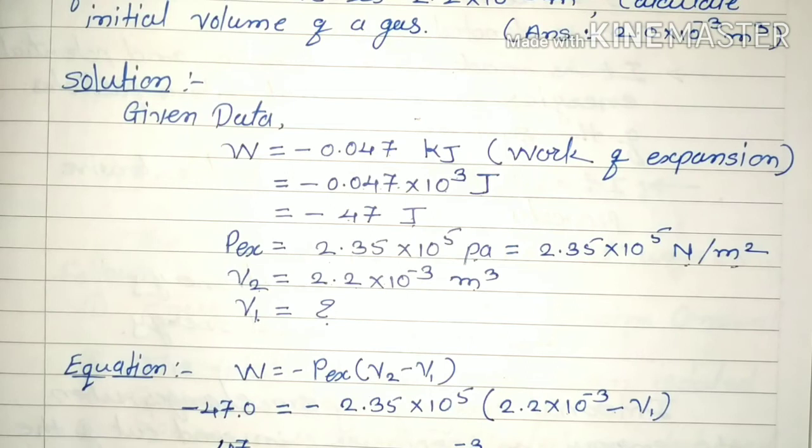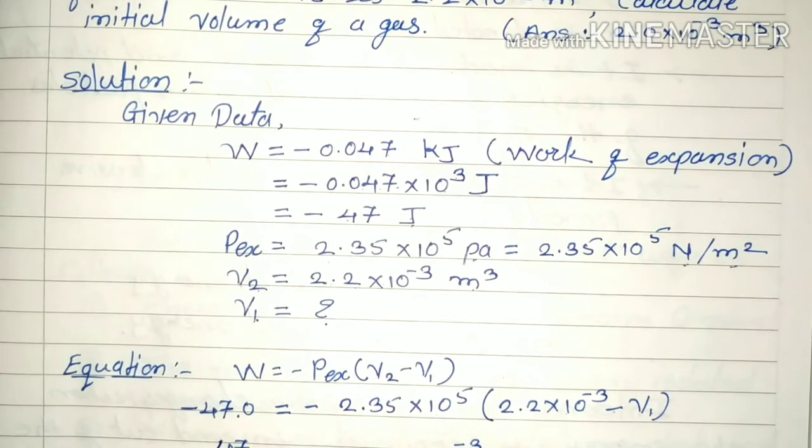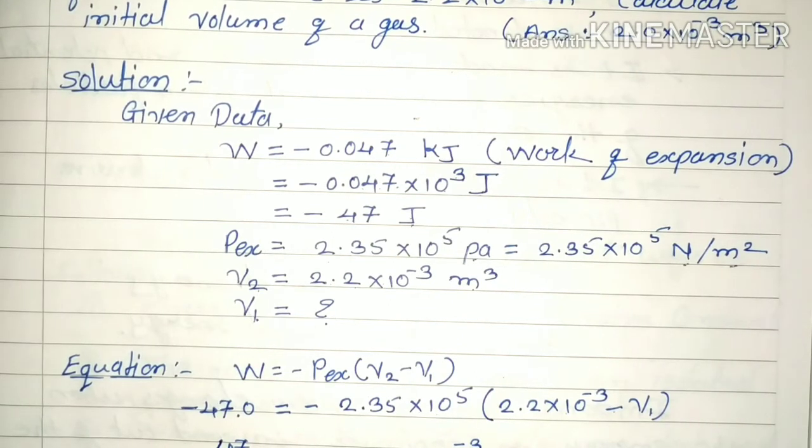Next, this 2.35 into 10 raised to 5 is divided to the left hand side. So 47 divided by 2.35 into 10 raised to 5 is equal to 2.2 into 10 raised to minus 3 minus V1. So we have to calculate V1.